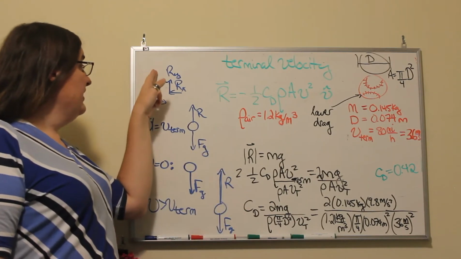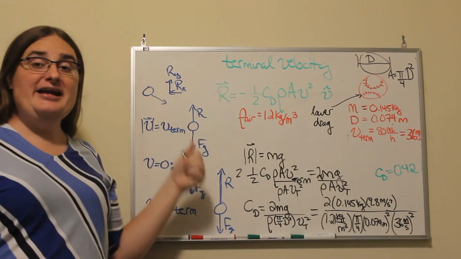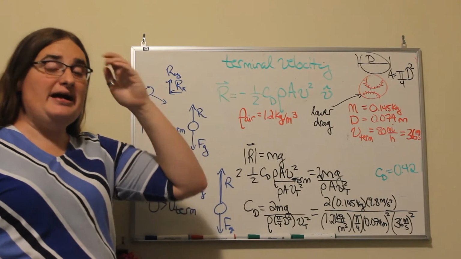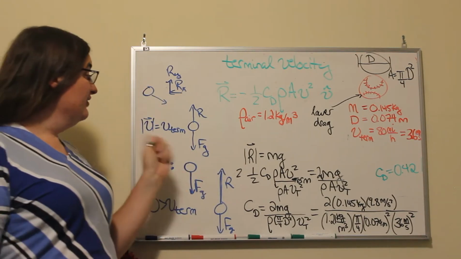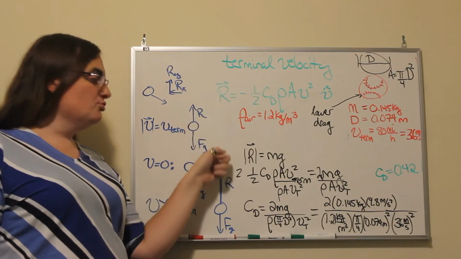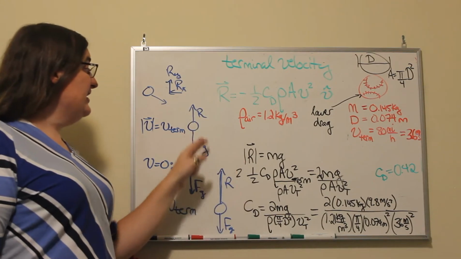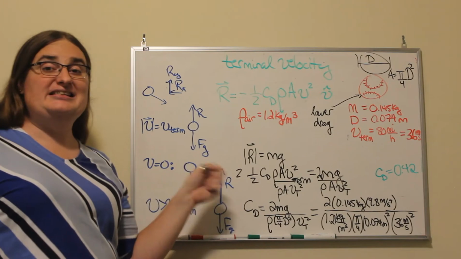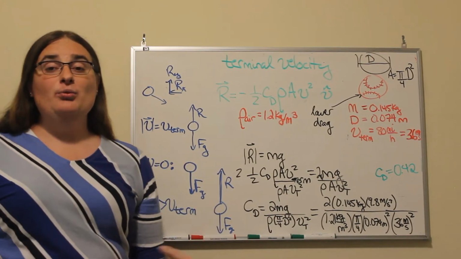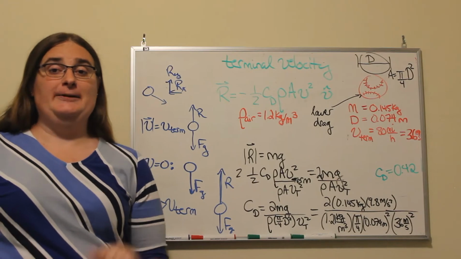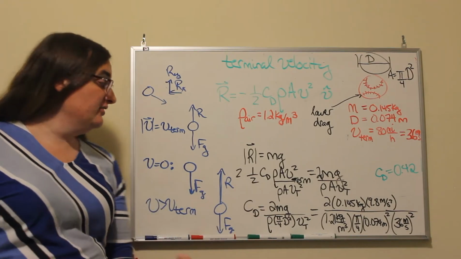And then, as it starts falling, that air resistance opposes gravity, and eventually we would settle in where the velocity of the object would be straight down, such that the resistive force exactly equaled the weight of our object. That's what we call the terminal velocity of our object.